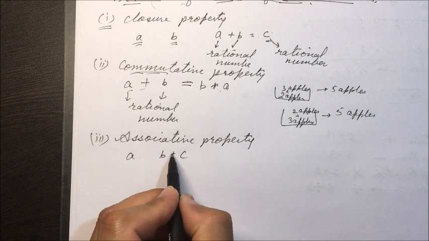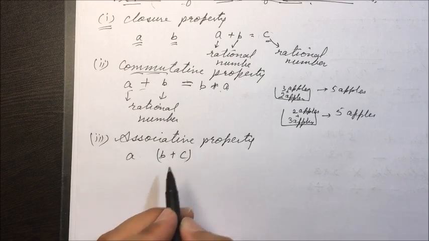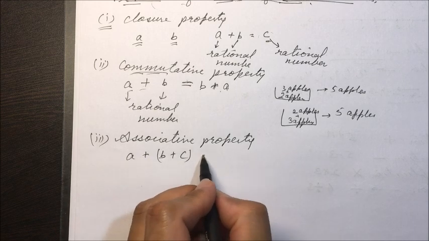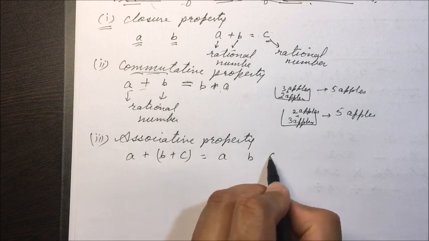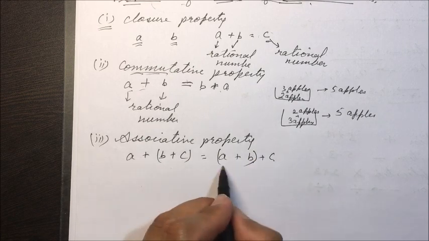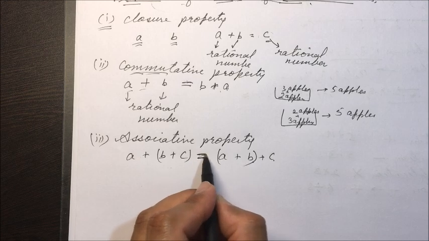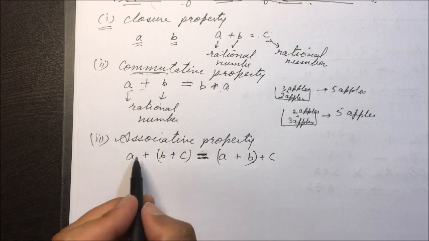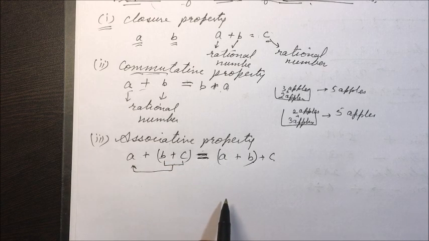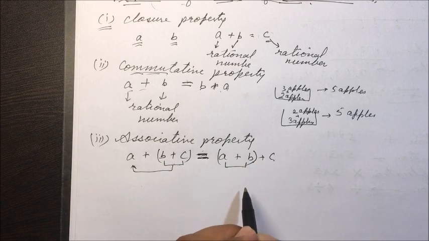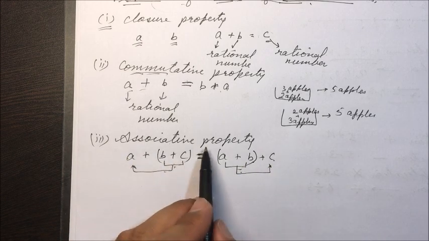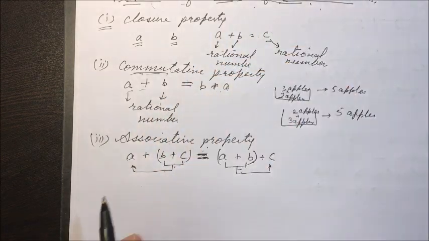Whether you first add B plus C and then add their sum to A, or you first add A plus B and then add their sum to C, both will have the same result. So the associative property holds on addition of rational numbers.